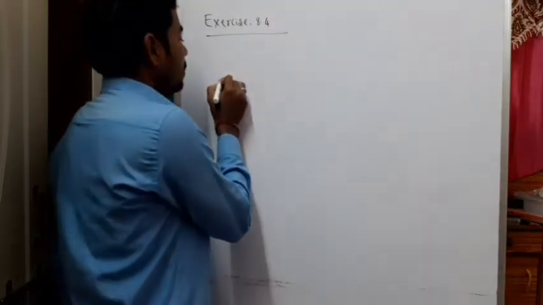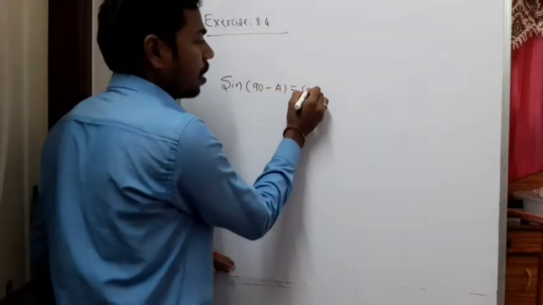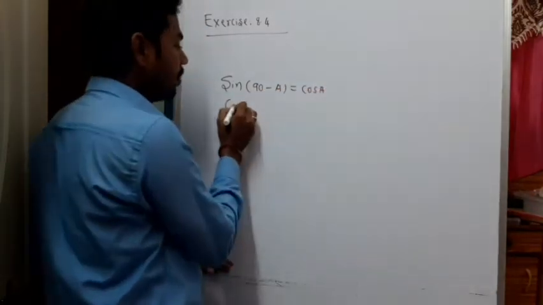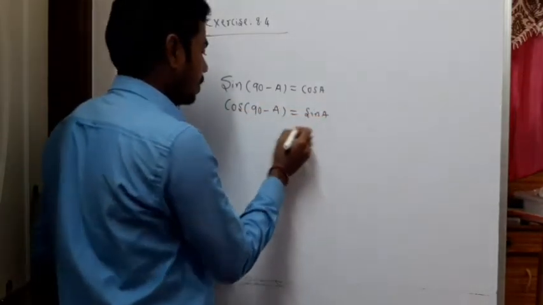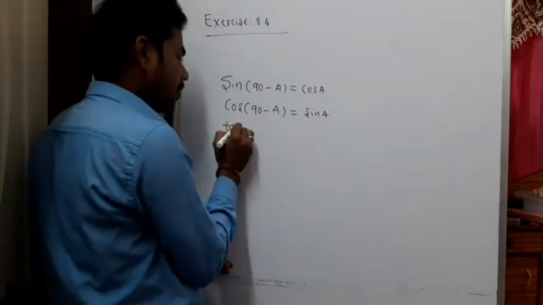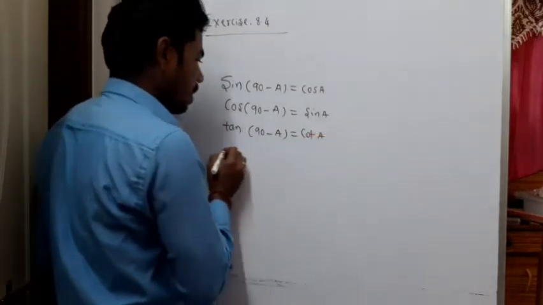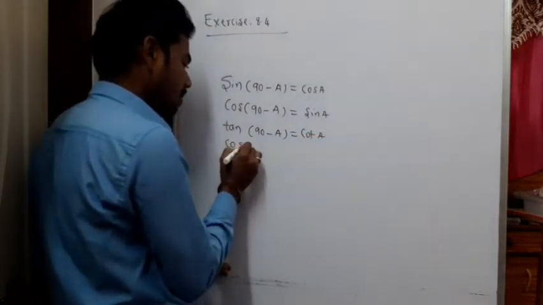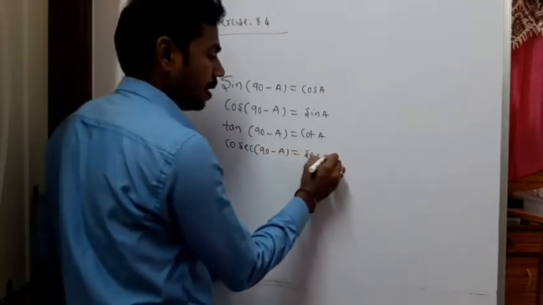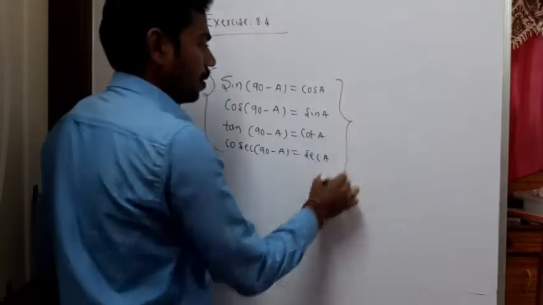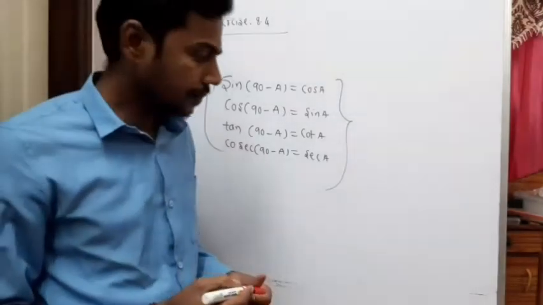Sine of 90 minus A is equal to cos A. Cos of 90 minus A is equal to sin A. Tan of 90 minus A is equal to cot A. And cosecant of 90 minus A is equal to secant A. So, I hope you understood this. If you have any difficulty, please let me know.